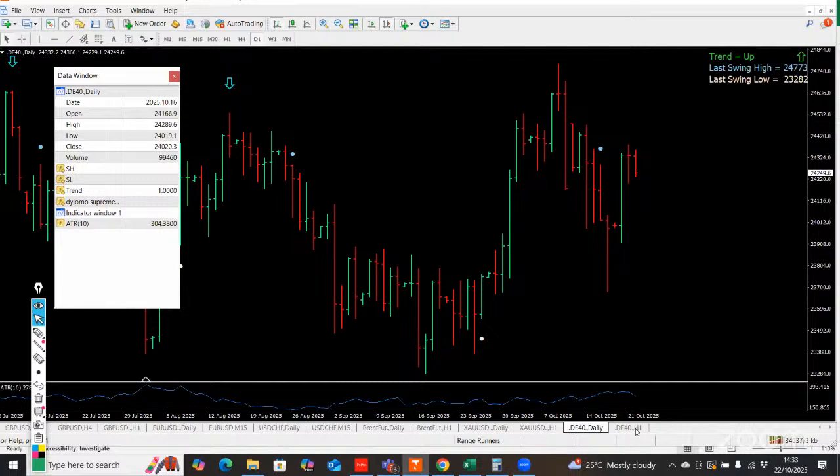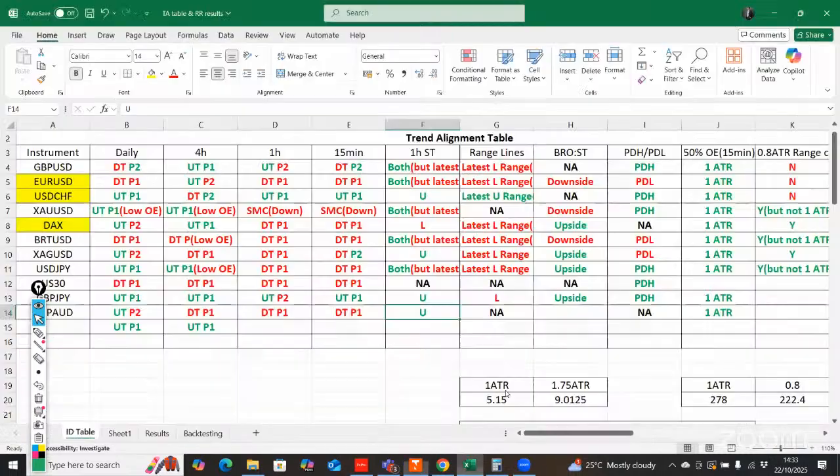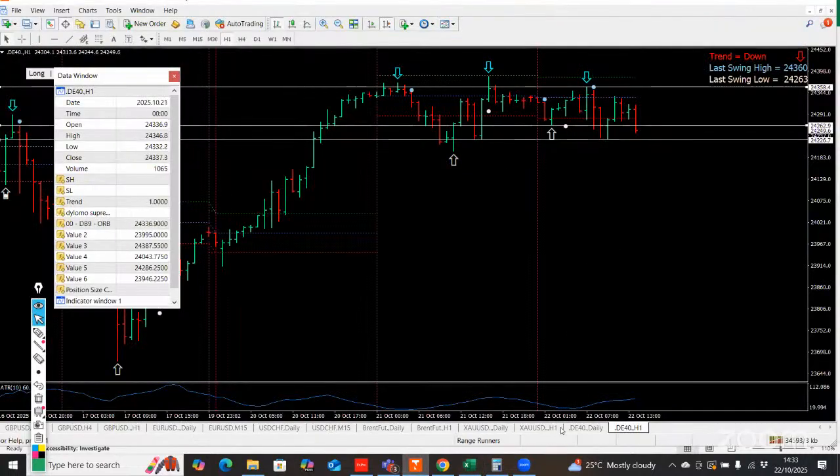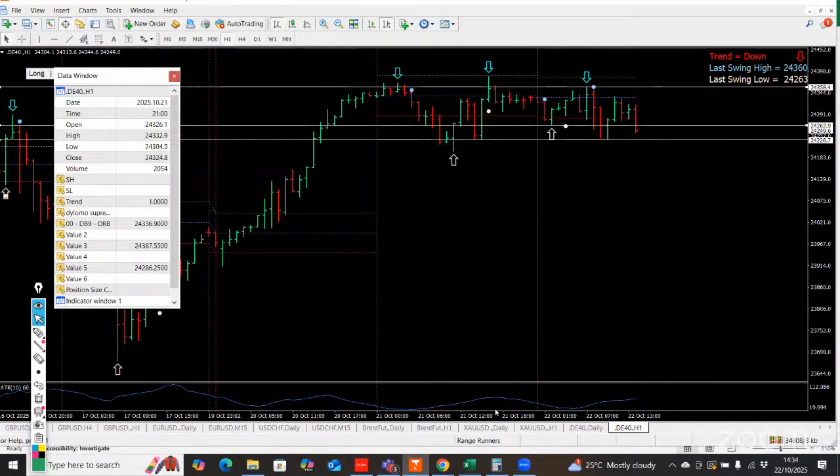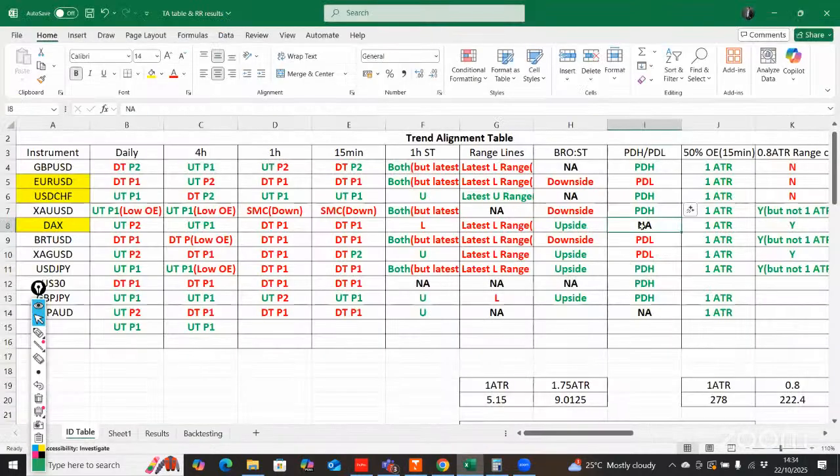That hasn't done it yet, right? So I will do it here. 222.4, and it's not taken out the previous day's range either, if I'm not wrong. Yes, it's not done that either. So this one is to the downside, and 222, I think it's showing more to the downside over here, and the ATR range it hasn't done either.